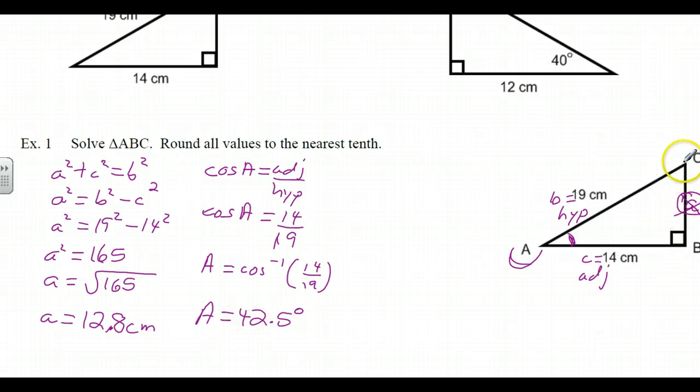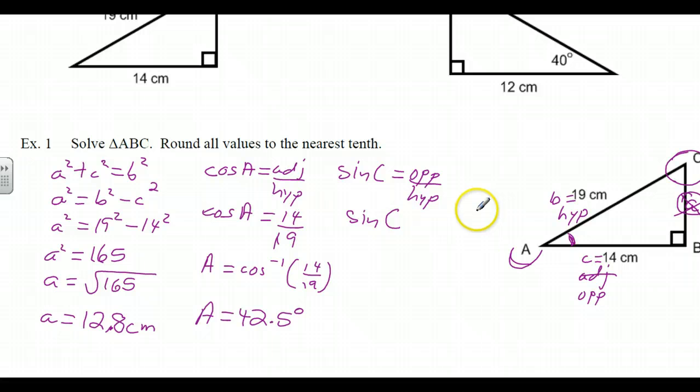Now, we could have worked with angle C, in which case this would be opposite. If I had worked with angle C, I would have said the sine of angle C, sine is defined as opposite over hypotenuse. Sine C, my unknown, right? But we do know opposite over hypotenuse, which is 14 over 19.